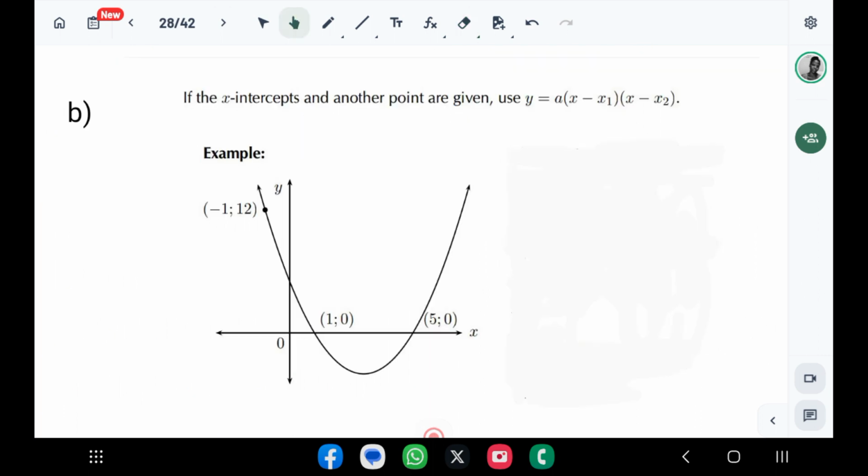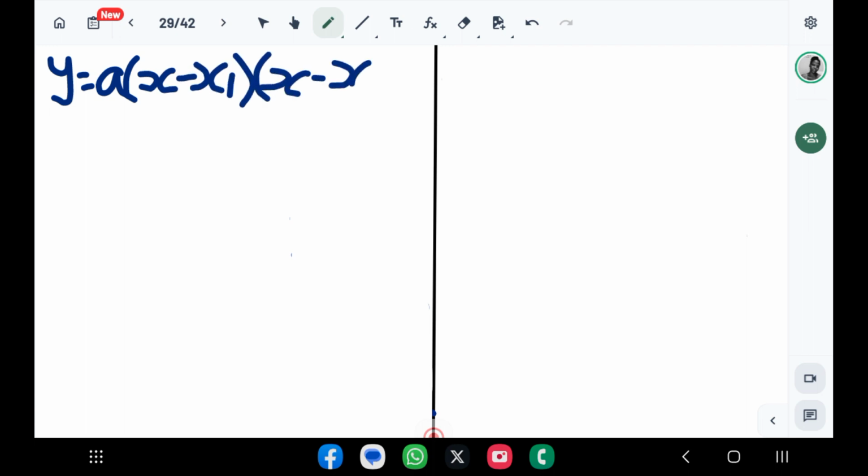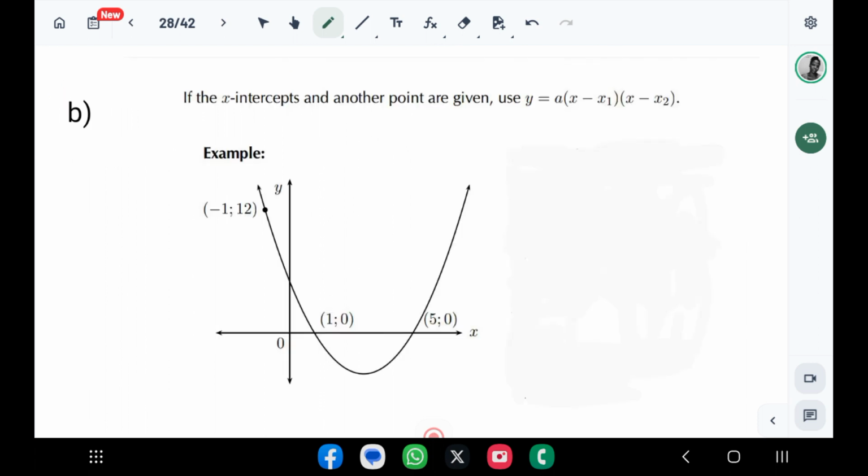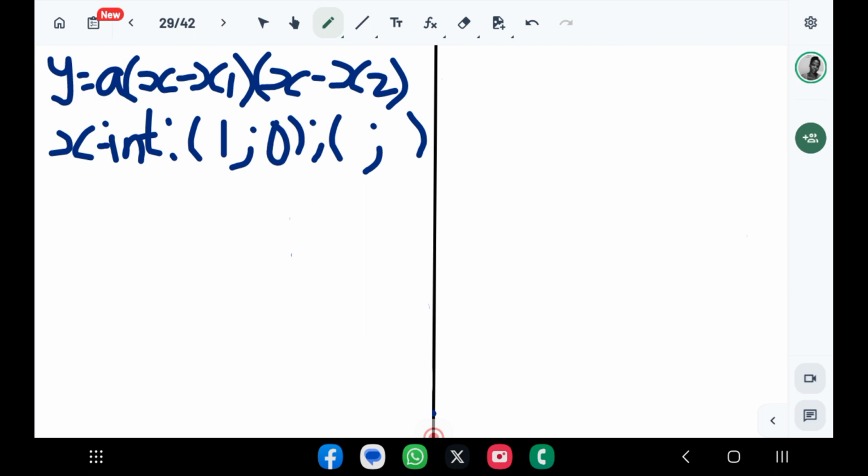Next scenario is when you've got x-intercepts given to you and another point. You use a similar situation. So you still use y equals a in bracket x minus x1 times x minus x2. The x-intercepts given to you are 1, 0 and 5, 0.